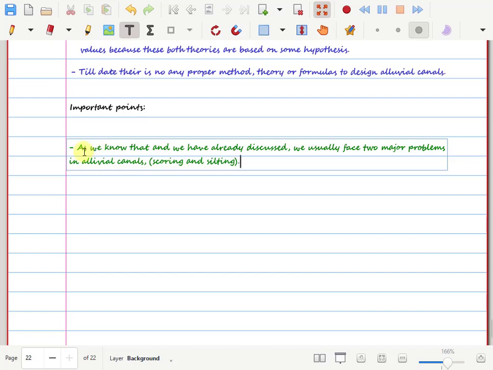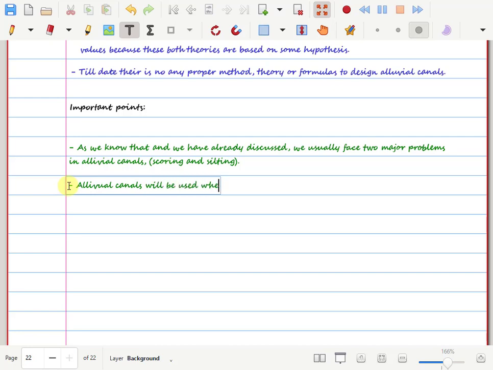You must remember this. And the second point is that alluvial canals will be used where irrigation is done through divergence schemes.